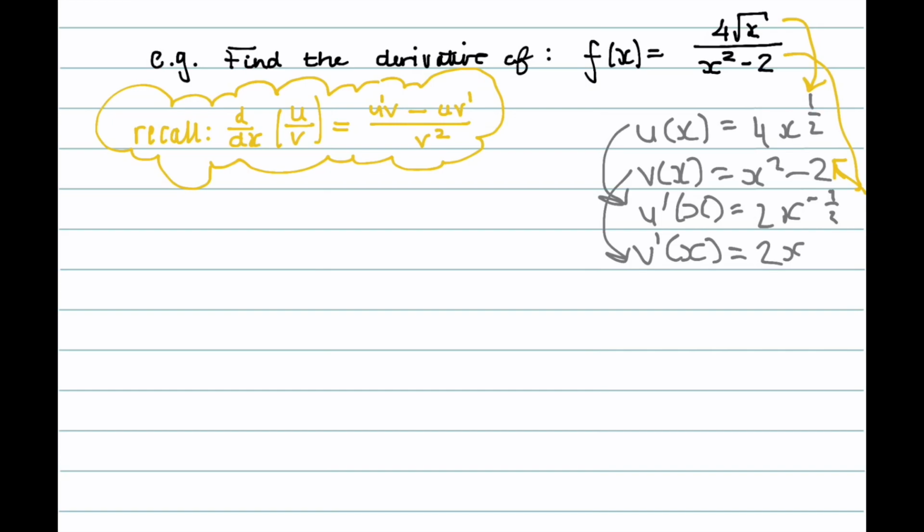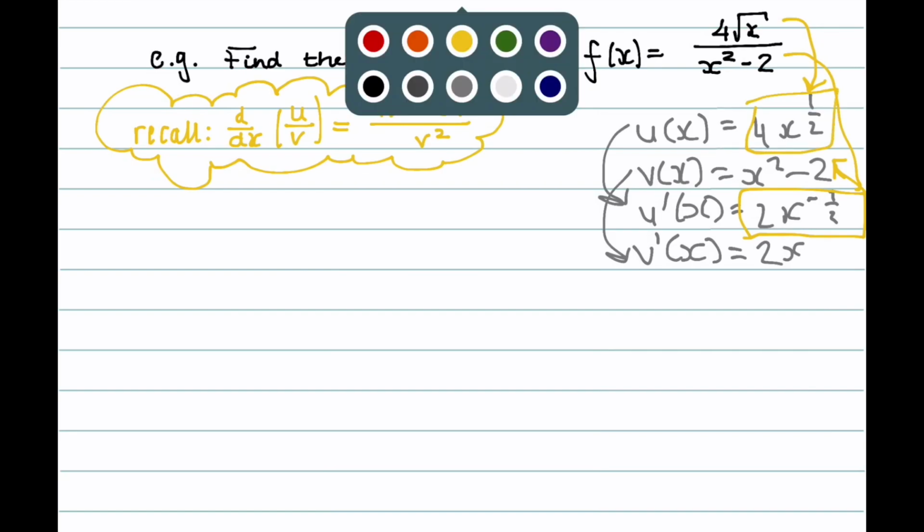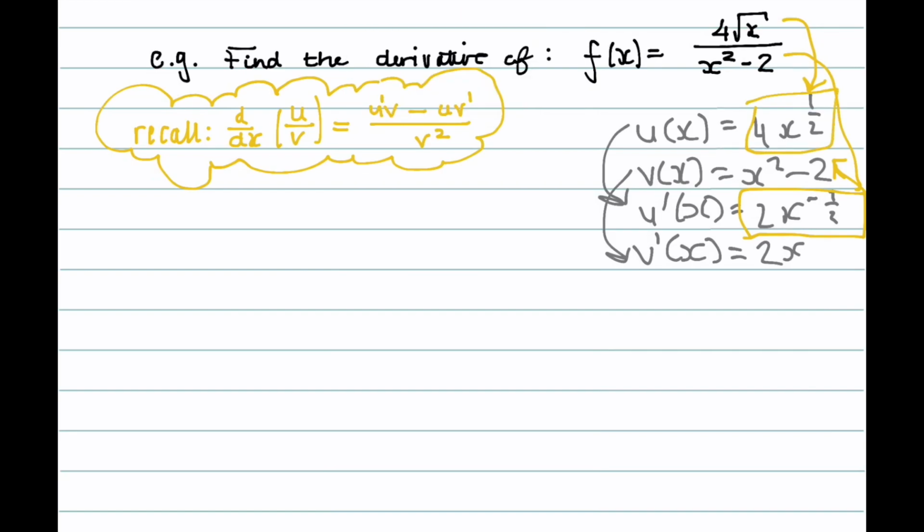And from the quotient rule, we also know that we have to find these derivatives. So the derivative of u of x will be equal to 2x to the minus a half, if we find the derivative of 4x to the half. And the derivative of v of x will be equal to 2x, if we find the derivative of x squared minus 2.